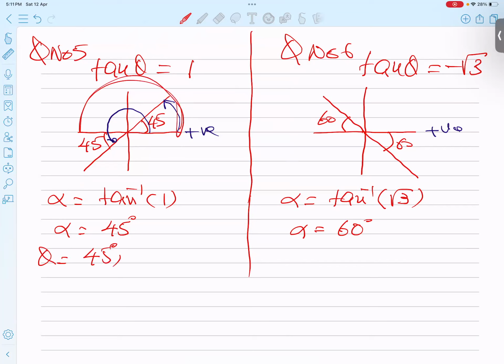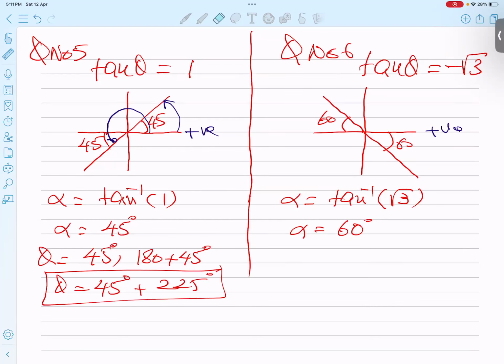Second is 180 plus 45. Alhamdulillah. If I type in calculator or just type manually, 225. So this is my answer. I should not put a plus sign in the middle, comma. Plug in 45 here. Tan 45 is 1. And plug in 225 here, and there is also 1.